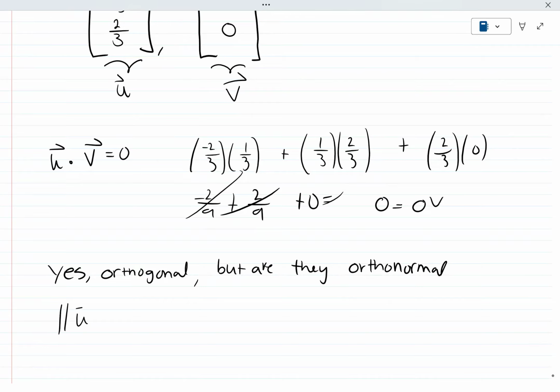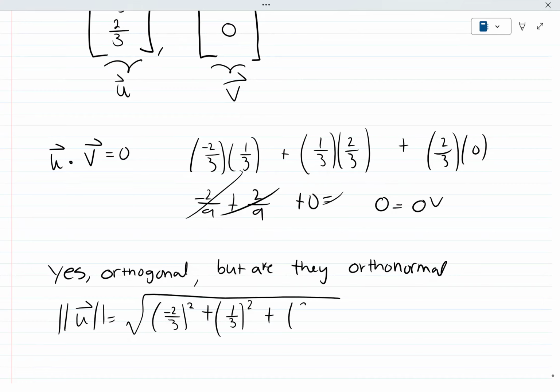The magnitude of vector u is the square root of (-2/3) squared plus (1/3) squared plus (2/3) squared. That gives you the square root of 4/9 plus 1/9 plus 4/9, which is the square root of 9/9, which is 1. If it gives you a magnitude of 1, that's good. So for vector u, it would be yes.